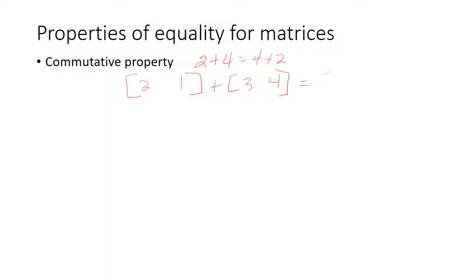That would be the same thing as 3, 4 plus 2, 1. But they would have to be in the same order because 3, 4 plus 2, 1 is not the same thing as 3, 4 plus 1, 2.